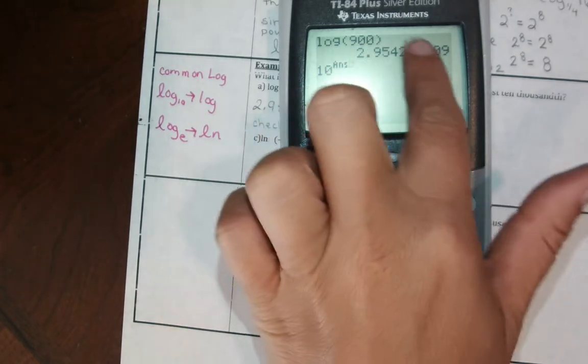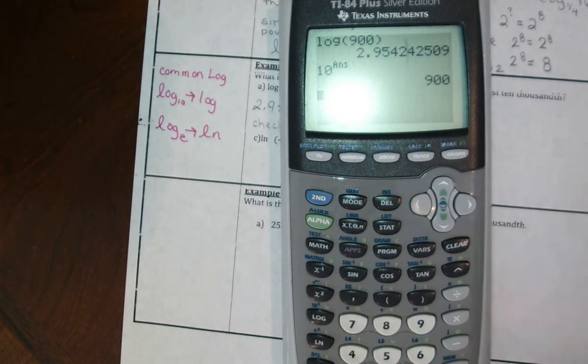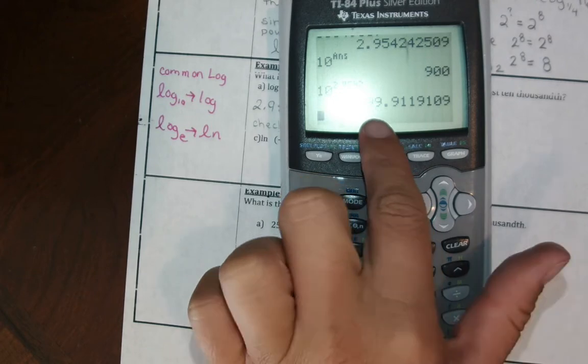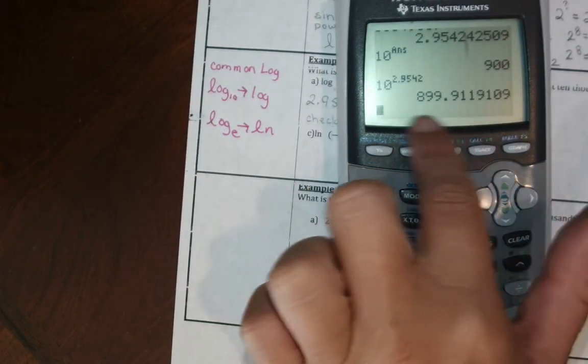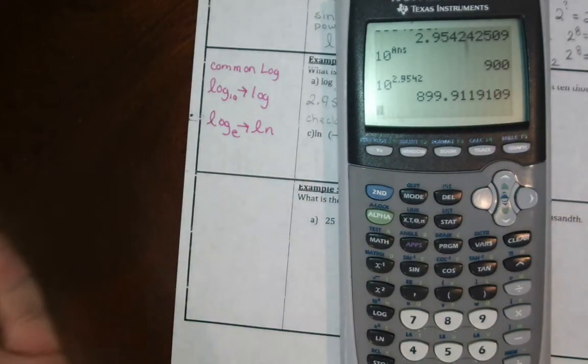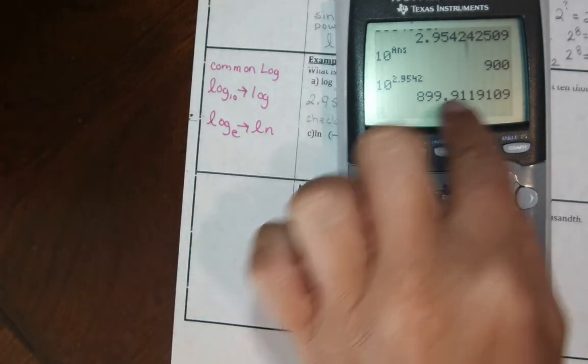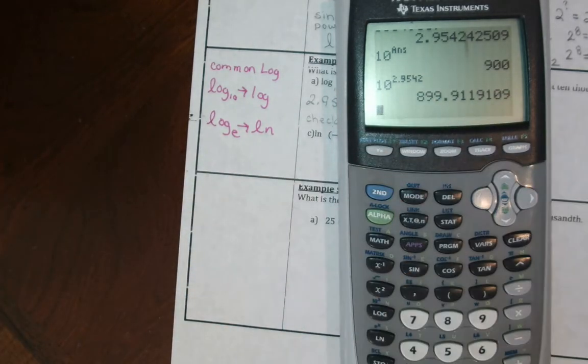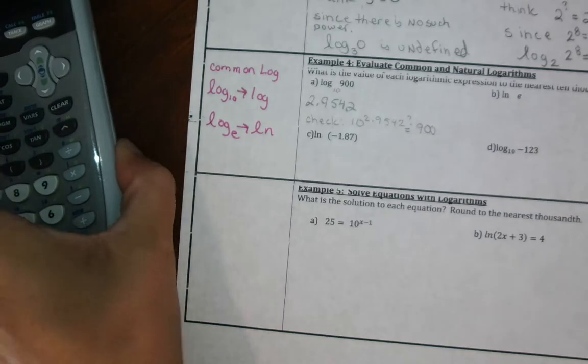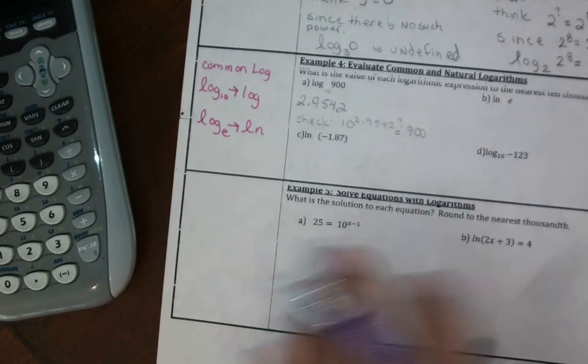So I did second and then this negative key. So it's taking that whole answer. And look, it equals 900. Now, if I just did 10 to the 2.9542, it's going to be really, really close to 900, but I rounded, which just shows that it's close. So we're good.